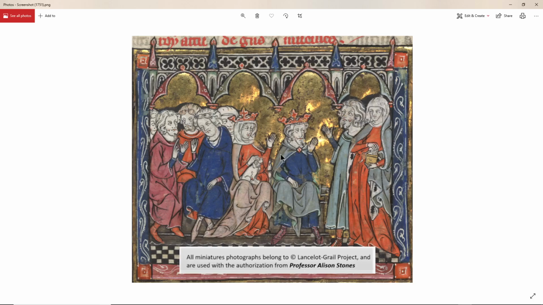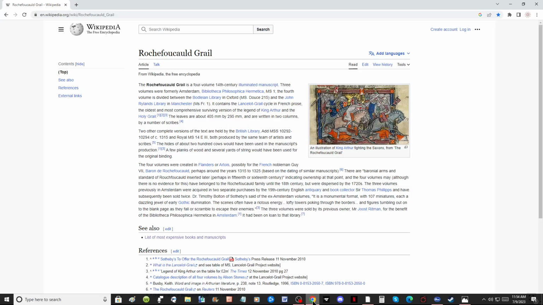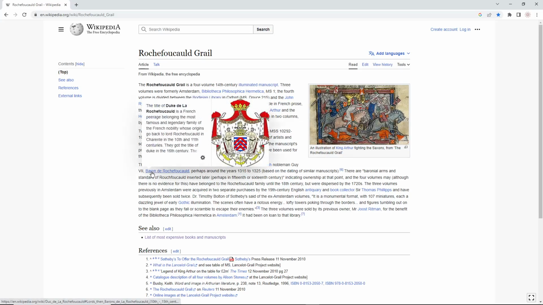And this image comes from what's called the Rochefoucauld Grail. If you look on Google Earth, you can read about what the Rochefoucauld Grail is. It's basically a story of Lancelot and King Arthur that was commissioned by the Baron, the Duke La Rochefoucauld.